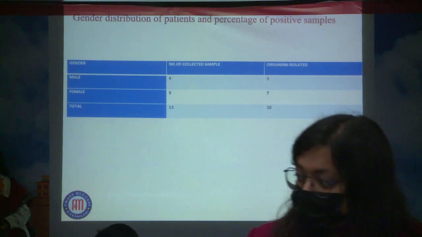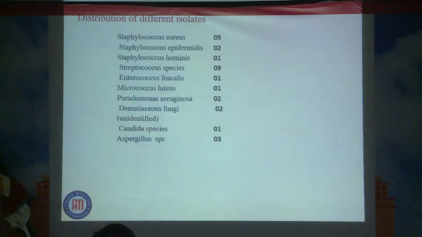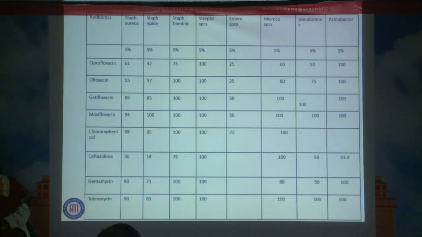The distribution of different isolates was Staph in 5 cases, Streptococcus species in 9 cases, and the rest in smaller numbers. This is the antimicrobial susceptibility pattern of various bacteria isolated in my cases. I want to highlight one thing: ofloxacin is less sensitive than ciprofloxacin in my study against Staph aureus.